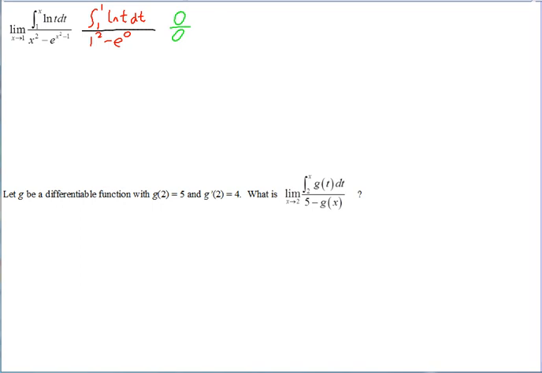Take the derivative of the numerator and denominator separately. When you take the derivative of the numerator, where there's an integral already, we're taking the derivative of the integral from 1 to x of natural log of t dt.